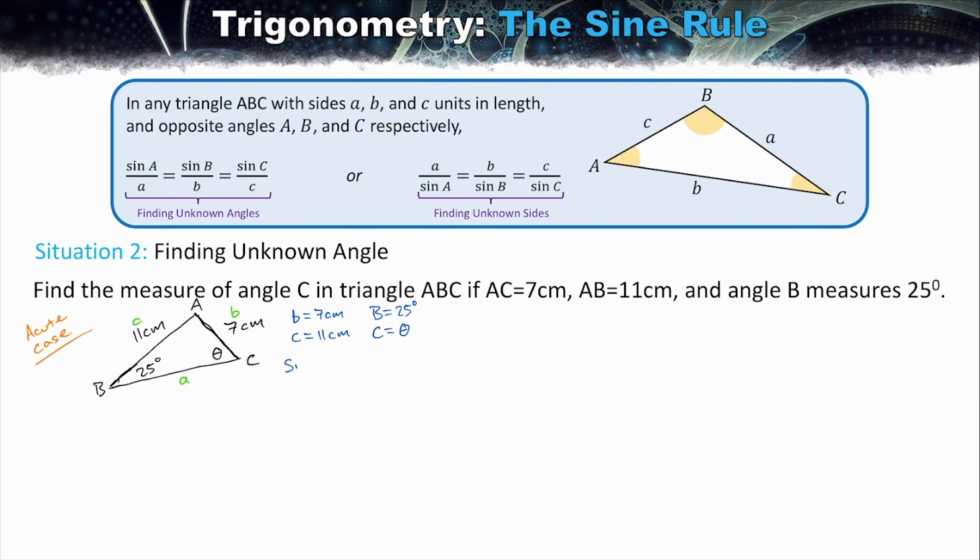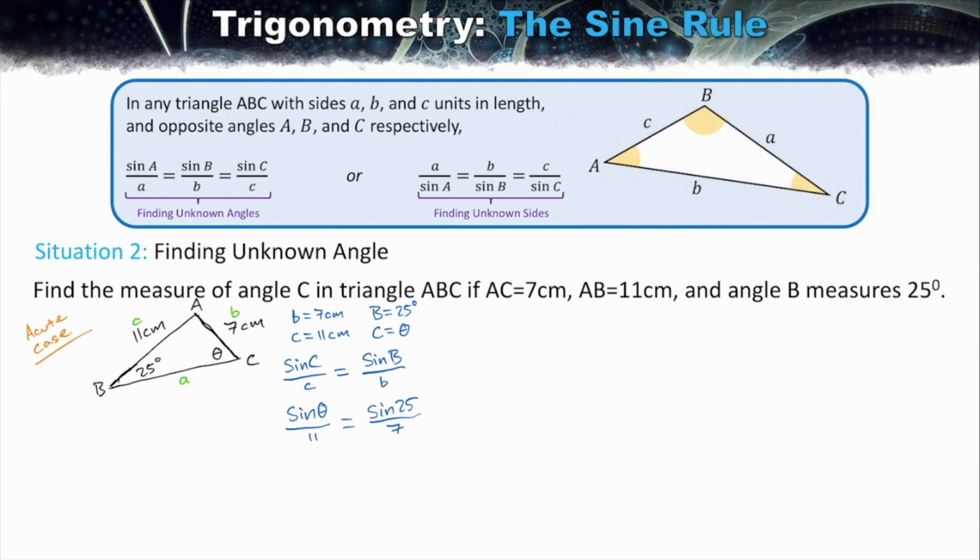So we know that the sine of our angle of C divided by C is going to be equal to the sine of our angle at B divided by B. So now we substitute our information in. So looking at this, this is going to be the sine of our unknown angle divided by 11 will equal the sine of 25 divided by, what have we got? 7.